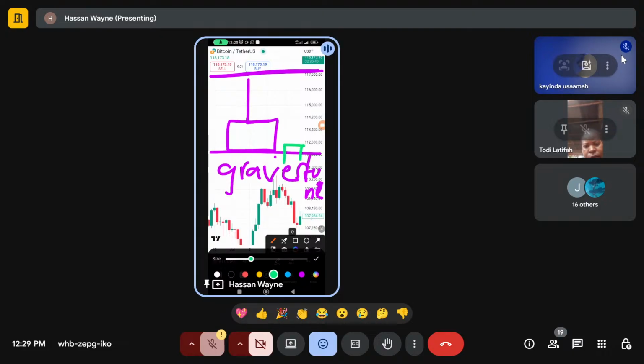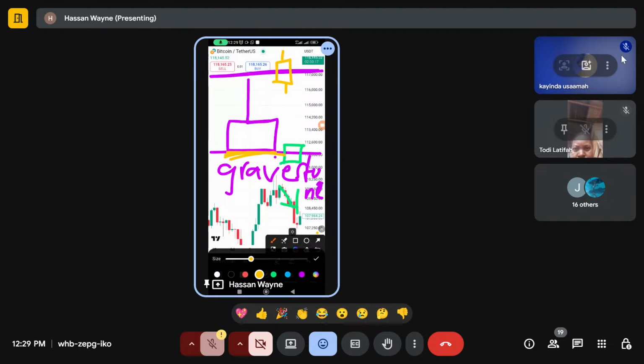When it happens and it breaks this, it means it is a sure deal. We are heading down. And if it happens and it breaks my resistance, it means this is a fake out. The market is still going upward. So this is what we call a gravestone with no wick down.